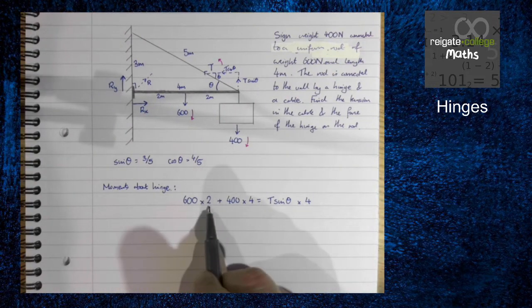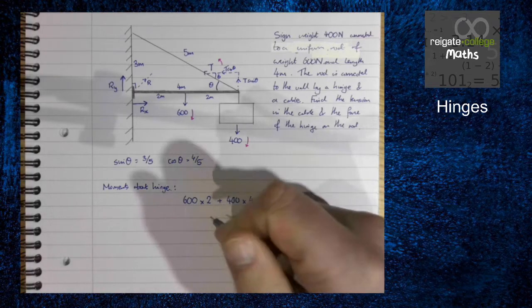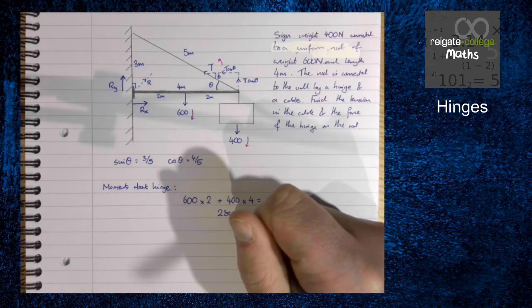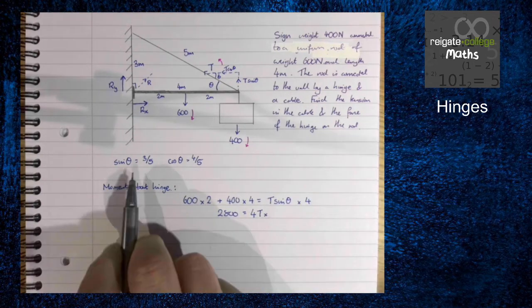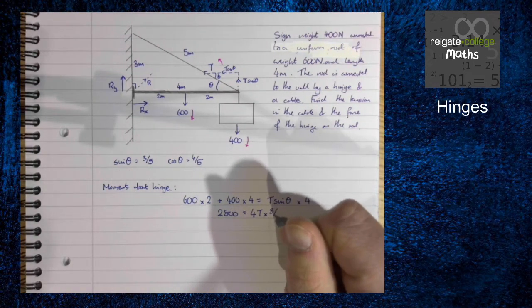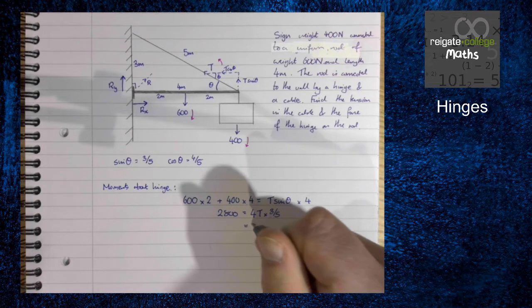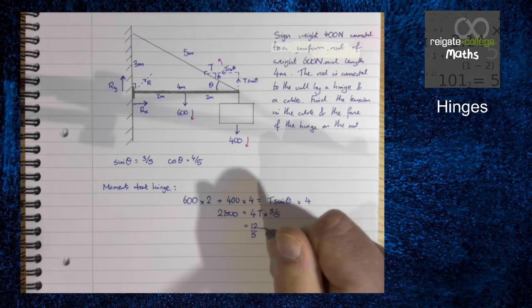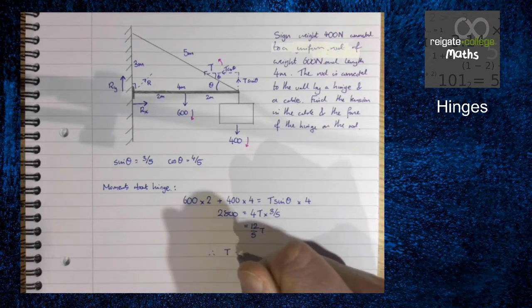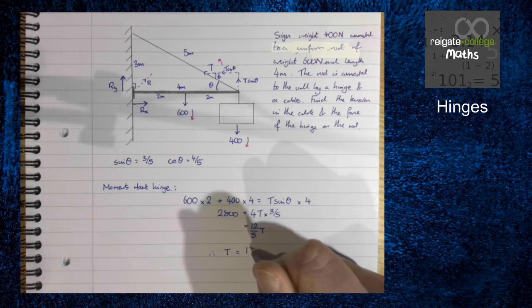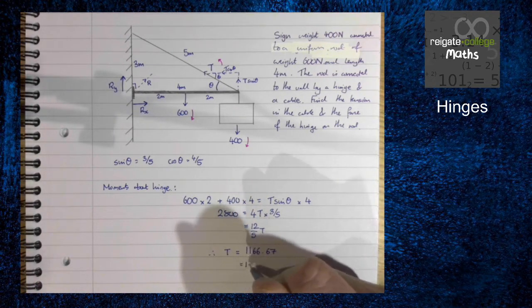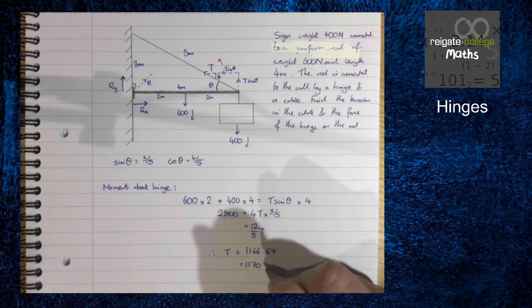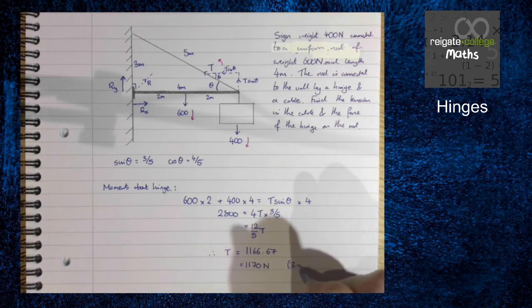This gives us 1,200 plus 1,600, so 2,800, is 4T times sine theta, 3 over 5. So this is 12 over 5 T, so therefore T is 1,166.67, so 1,170 newtons to 3 significant figures.